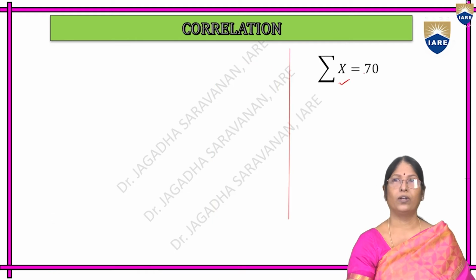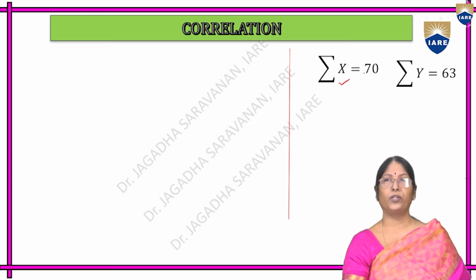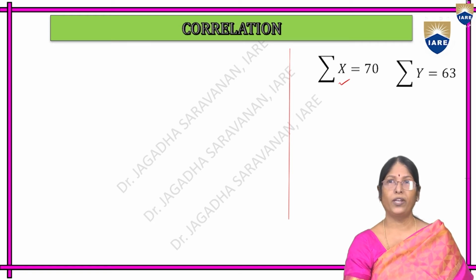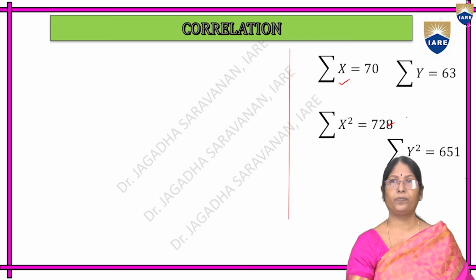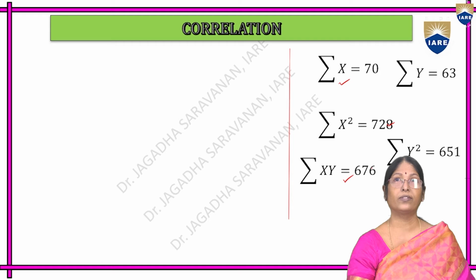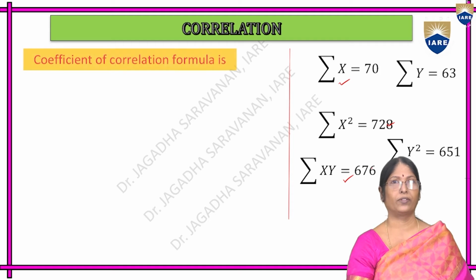Just once again, we are writing the values we got before substituting in the formula. That is summation x equal to 70, summation y equal to 63, summation x square equal to 728, summation y square equal to 651, summation xy equal to 676.